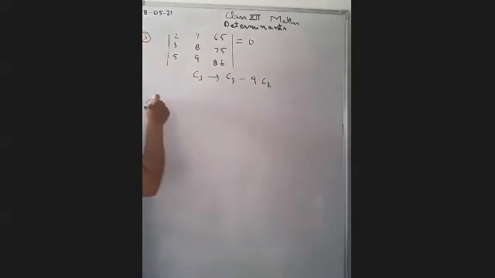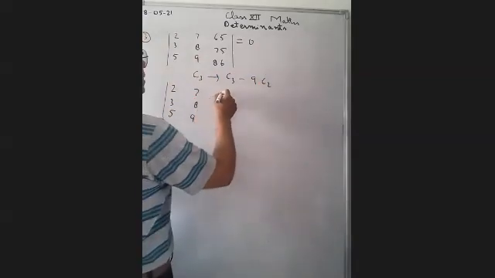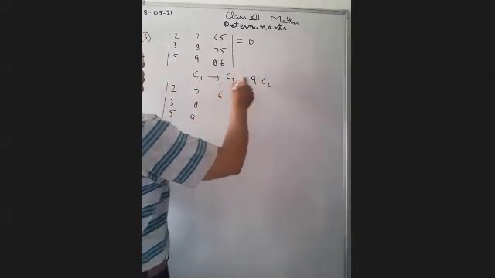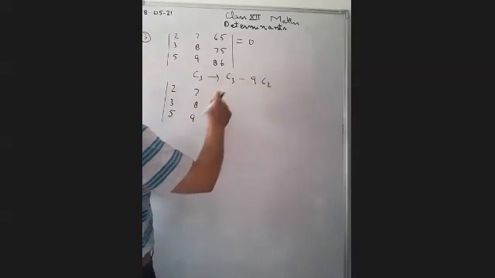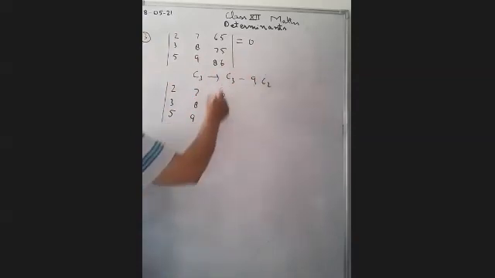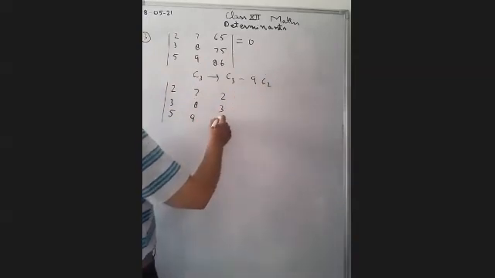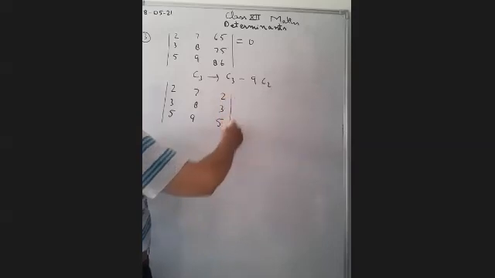Just see, first 2 3 5, 7 8 9, और 65 minus 63 we will get 2, 75 minus 72 we get 3, और 86 minus 81 we get 5.